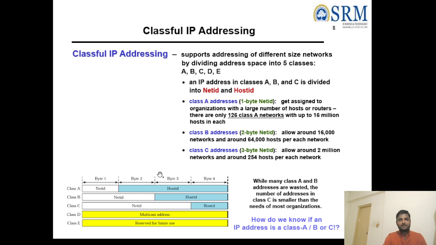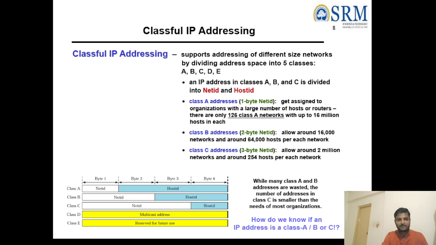Generally, mobile operators, which provide SIM cards to mobile phones, purchase this kind of address from the internet service provider. Then the medium size network, that is class B, where 2 to the power 16 networks are possible and 2 to the power 16 hosts are possible.